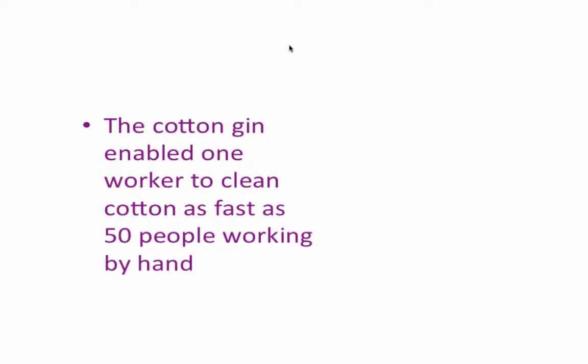This has huge benefits to the southern plantations because they can keep more slaves on the plantation growing, maintaining, and picking cotton, and fewer people cleaning cotton. So they're allowed to expand their operations. Very important.